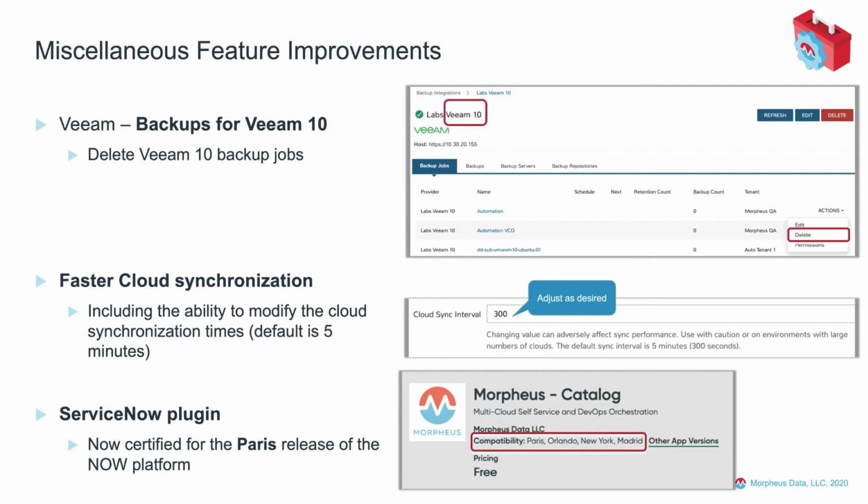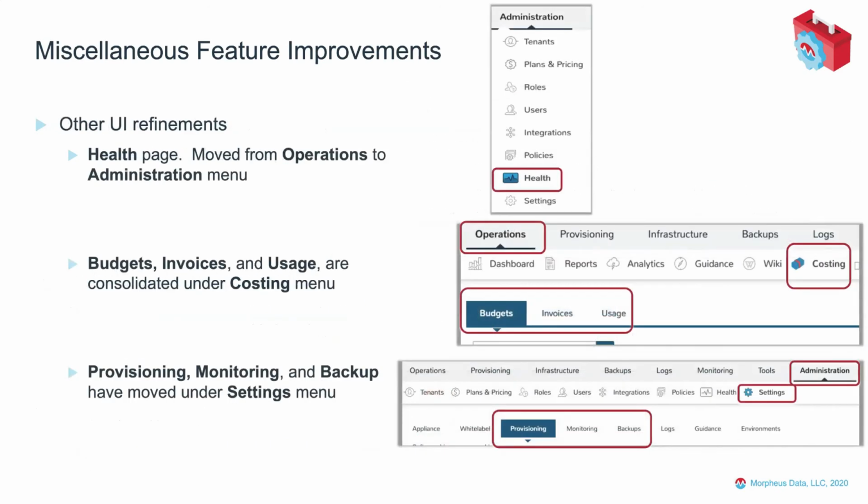A manager can order a new phone, a new laptop for a new employee, a new Active Directory account. Well, guess what? Now you can also order any new applications through Morpheus, but inside of the ServiceNow self-service catalog. So incredibly powerful integration there.